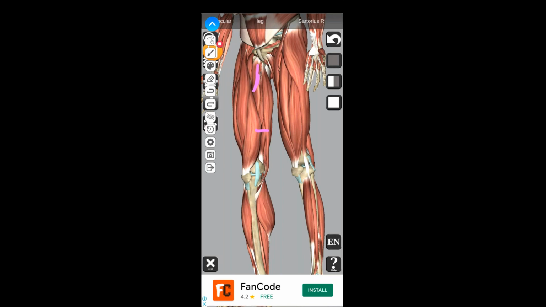Posterior means whatever is behind it will be supplied by the posterior division. Adductor magnus is mostly behind. Adductor brevis comes in between, so both the anterior and posterior divisions supply adductor brevis. Posterior division done. What is left? Adductor longus and gracilis are left, right?